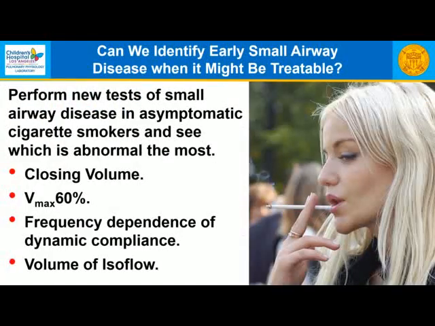The idea was to perform new tests of small airway disease on asymptomatic cigarette smokers and see which one is abnormal the most, right? And the four that really emerged and were popular in the 60s were the closing volume, the Vmax 60, frequency dependence of dynamic compliance, and the volume of isoflow.